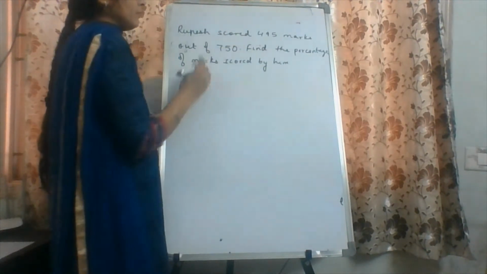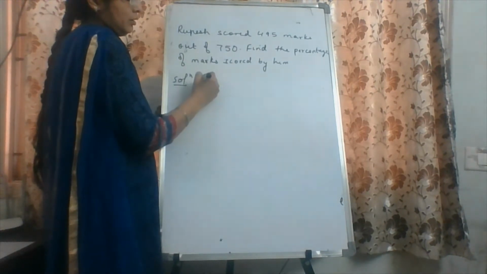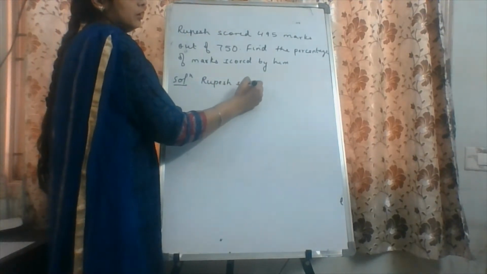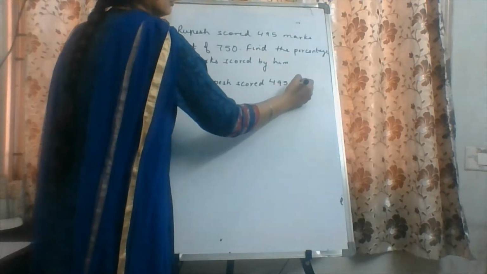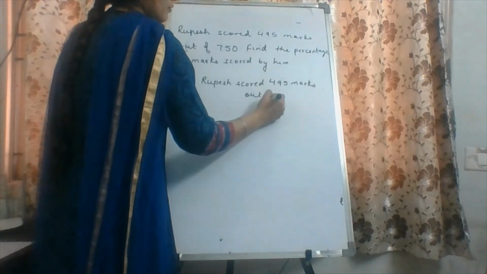Your first statement will be: Rupesh scored 495 marks out of 750.